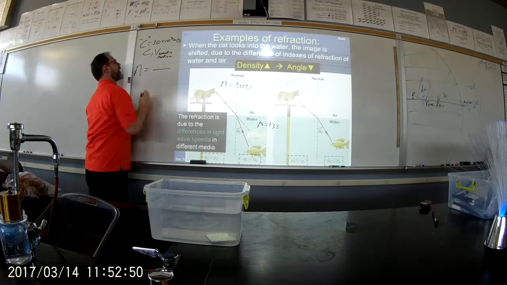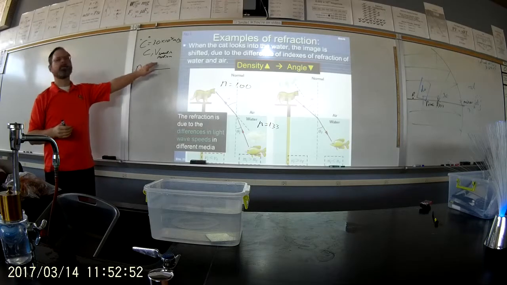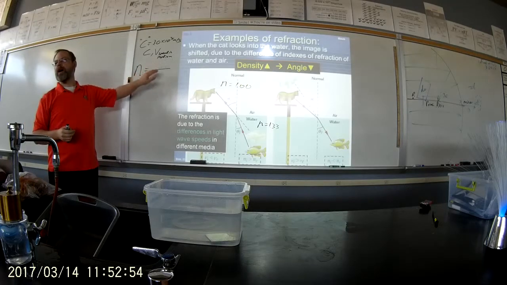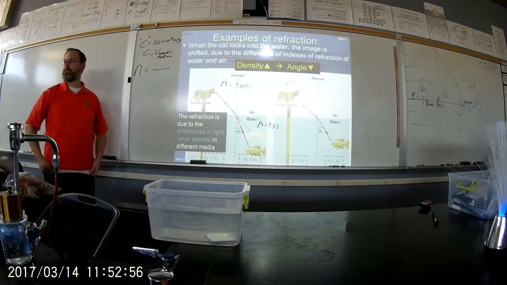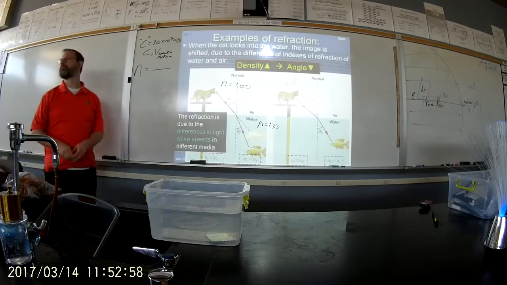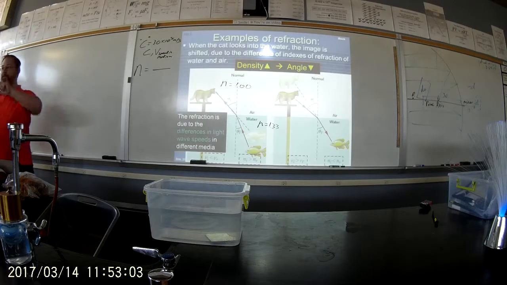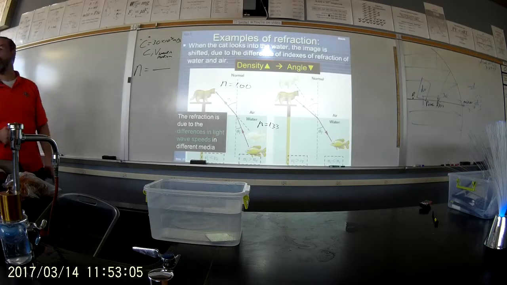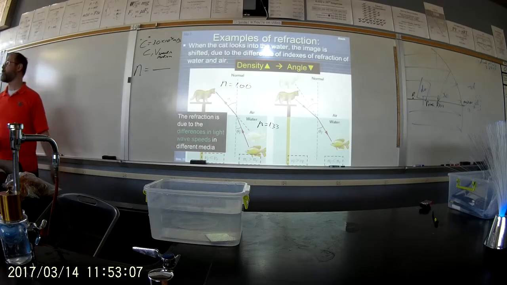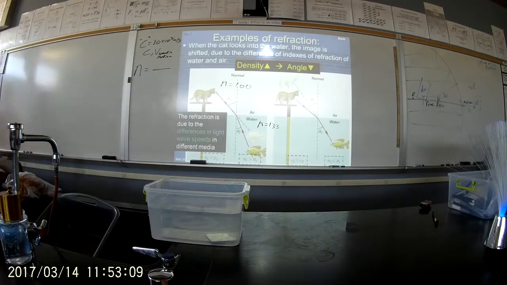What's the fraction going to look like? Is c going to be on top and v on the bottom, or is v going to be on top and c on the bottom? Think about it for just a minute. Index of refraction is a ratio of c to v or v to c. Water is 1.33, where light moves slower. Let's take a vote.